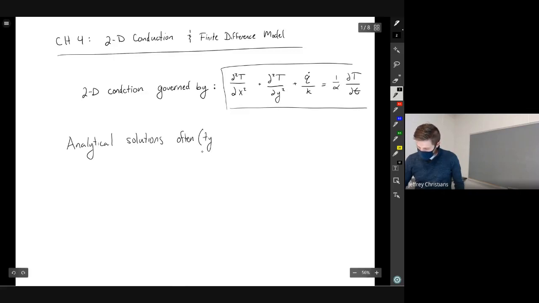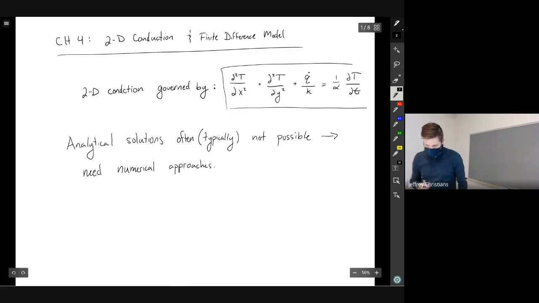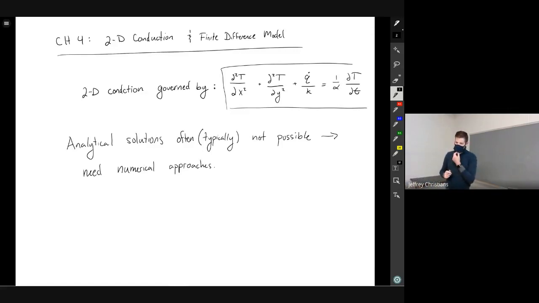Often, or really typically, not possible. So these need numerical approaches.